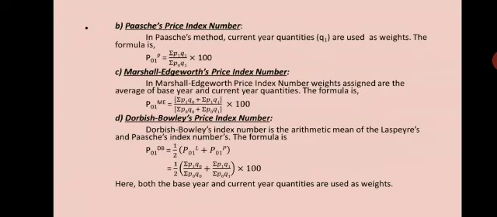P01 of Dorbish-Bowley equals half, that is 1 by 2 into P01 of last year's plus P01 of past year's, which equals 1 by 2 into summation P1 Q0 divided by summation P0 Q0 plus summation P1 Q1 divided by summation P0 Q1 into 100.